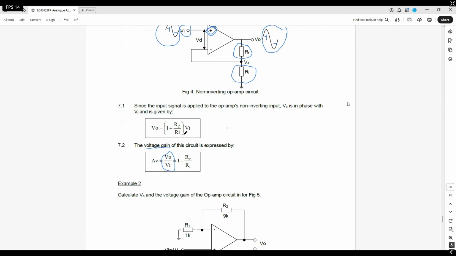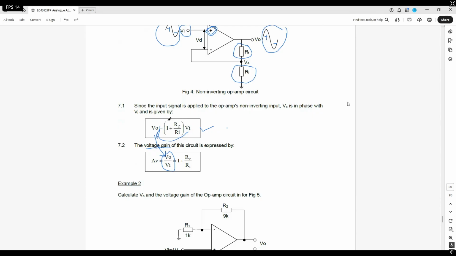Now, if you look carefully at the top formula here, if I move the VI over to the left-hand side, it will become VO over VI, correct?